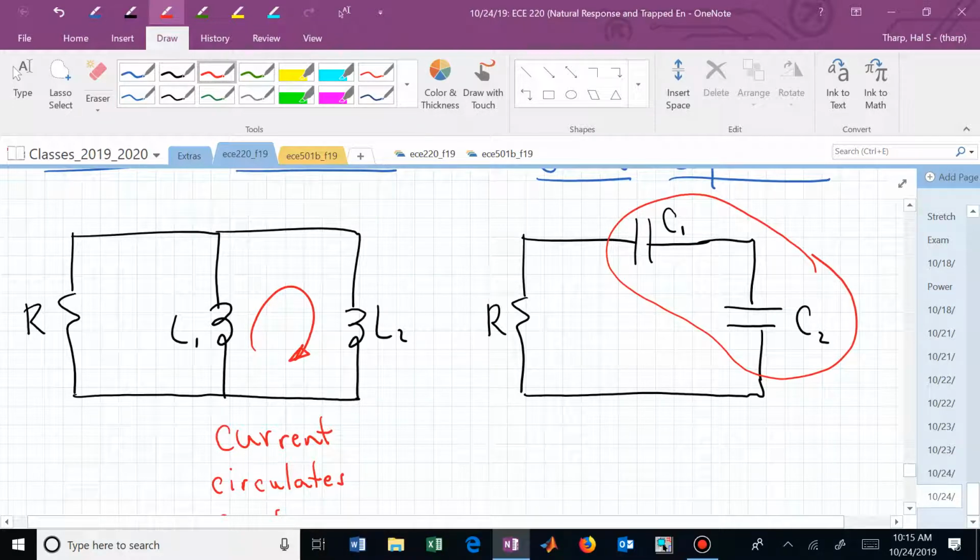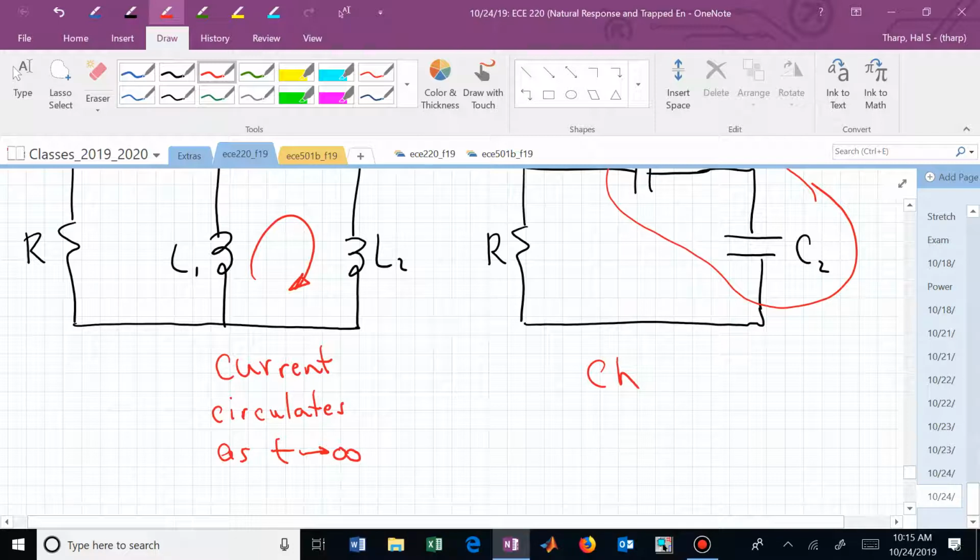But the two terminals to that resistor, it looks like there's no voltage dropped across that series combination of C1 and C2. So the charge remains on C1 and C sub 2. So let's look at that.